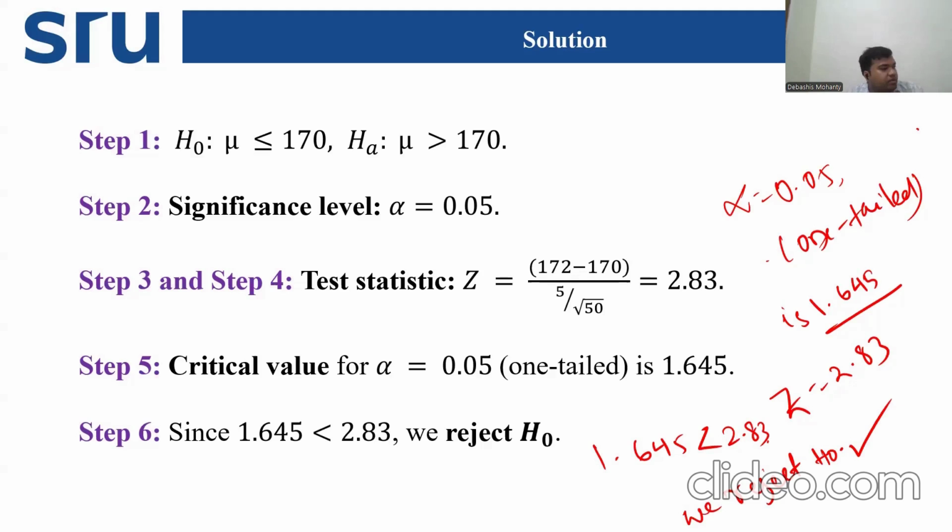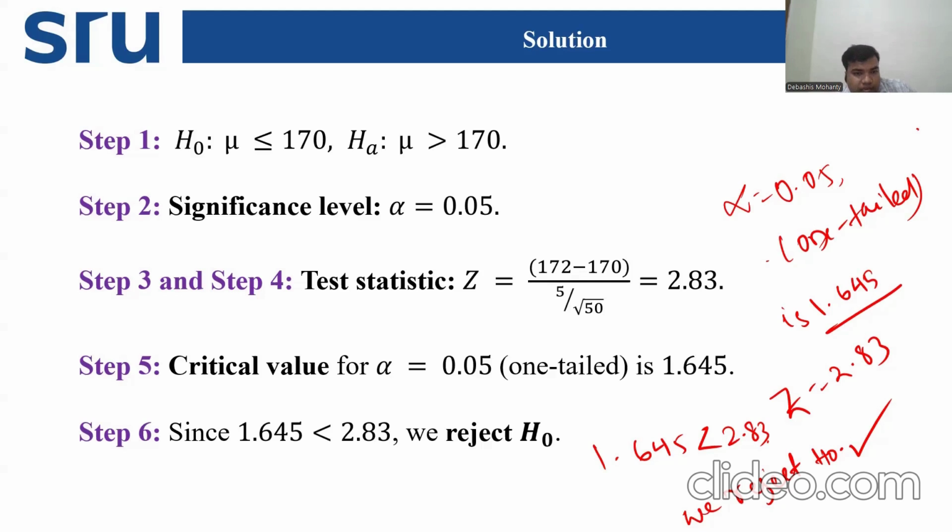Already I have solved two tail problems. Based on that, you can identify whether it is a one tail test or a two tail test. After that, in the first step, we have to define the null and alternative hypothesis. If it is a two tail test, the null hypothesis will have the equal sign and the alternative hypothesis the not equal sign.